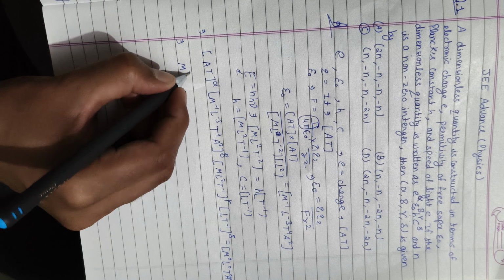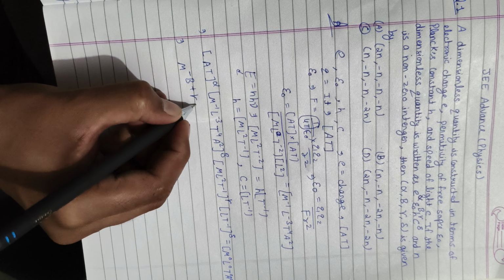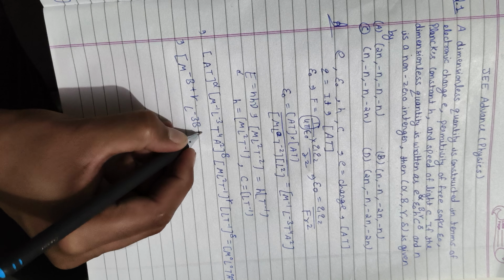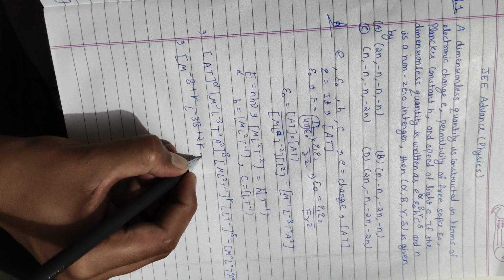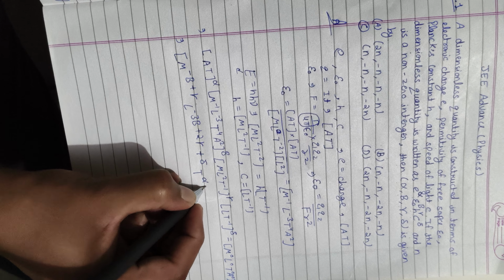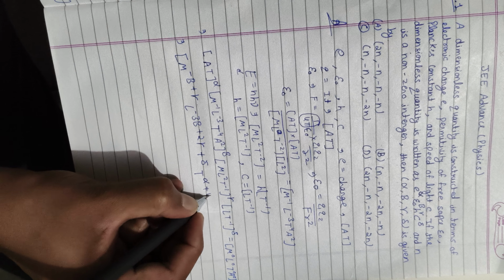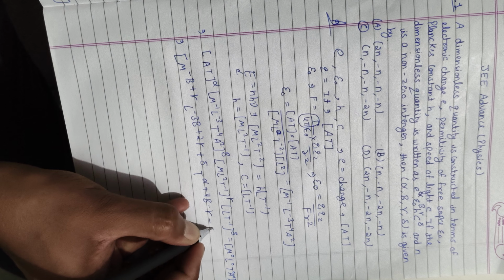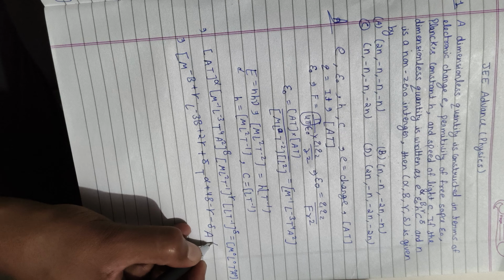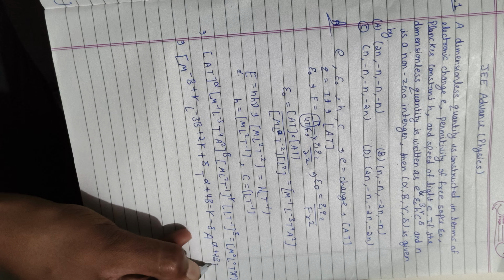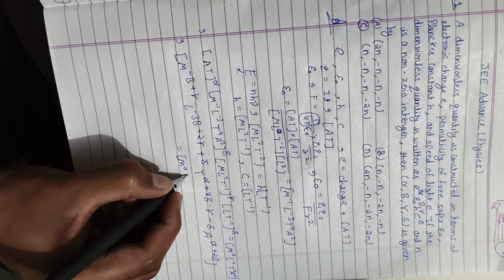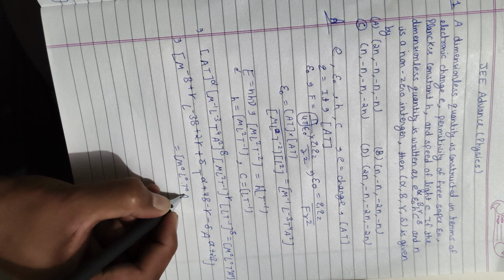M has the value minus beta plus gamma, L has the value minus 3 beta plus 2 gamma plus delta, T has the value alpha plus 4 beta minus gamma minus delta. Then we also have A to the power alpha plus 2 beta. This is the complete dimension, and for the dimensionless quantity it equals M0, L0, T0 and A0.